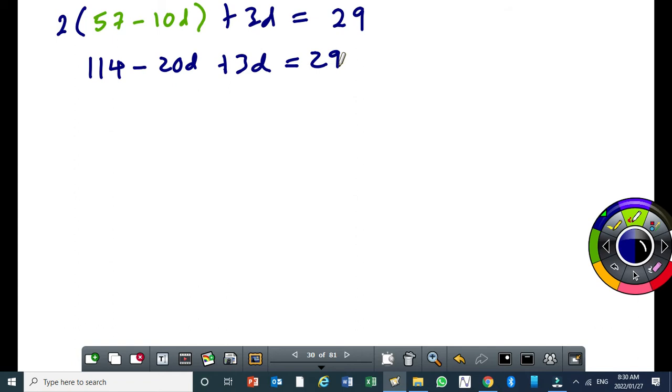If I simplify this in terms of the d's, I'll get minus 17d is equal to 29 minus 114. Subtracting, it will be negative 85. So d is going to be 5. So I now know what the common difference is. It's 5.